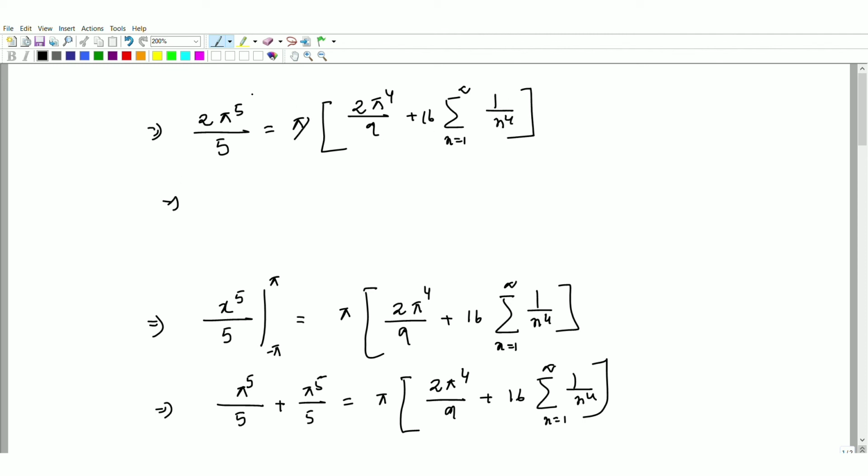So one pi gets cancelled, and it will become 2 pi to the power 4 by 5. If we take this thing to the left hand side, it will become 2 pi to the power 4 by 5 minus 2 pi to the power 4 by 9 equals 16 times summation 1 to infinity of 1 divided by n to the power 4.